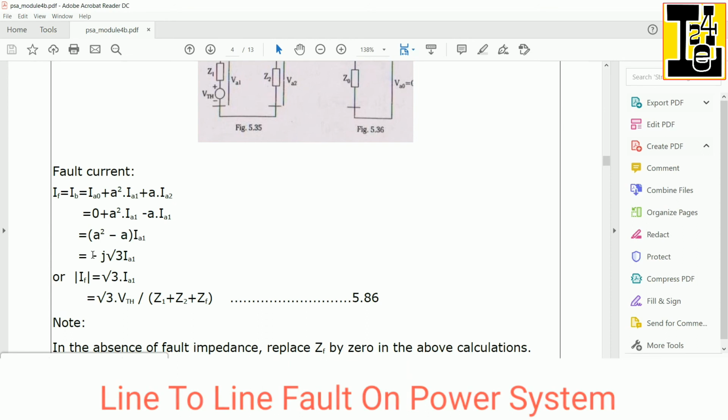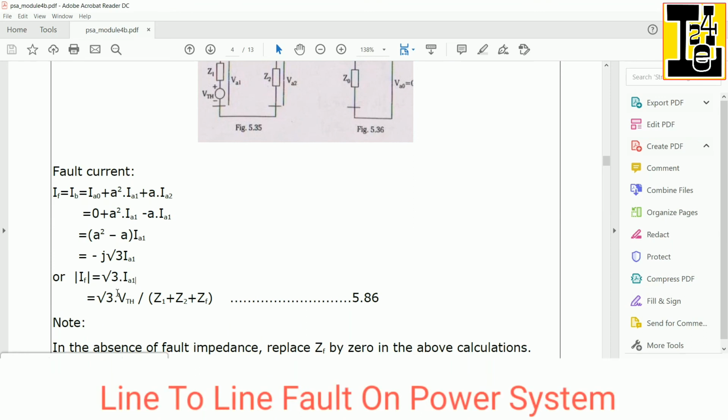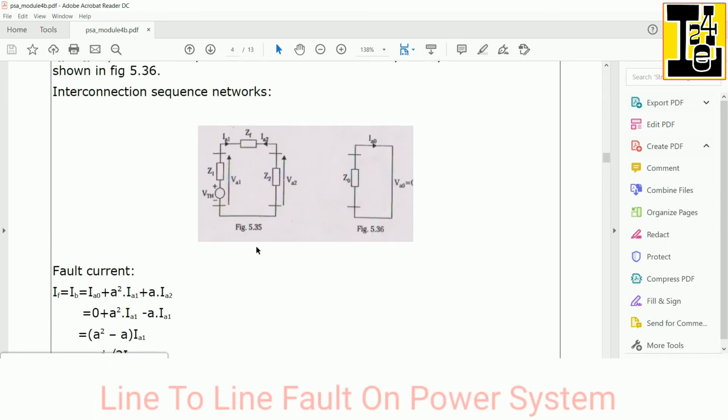So IF becomes minus j root 3 into IA1. If you take the magnitude of the fault current, it will become root 3 into IA1, where IA1 can be expressed as V Thevenin divided by Z1 plus Z2 plus ZF by observing this network.